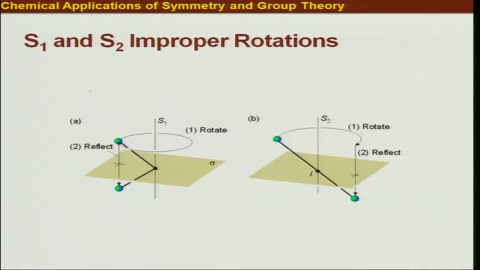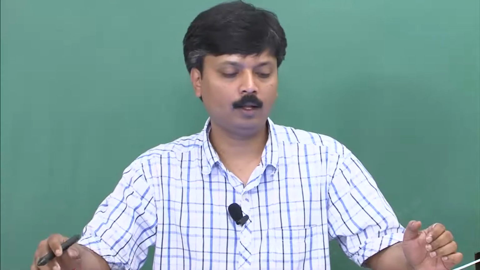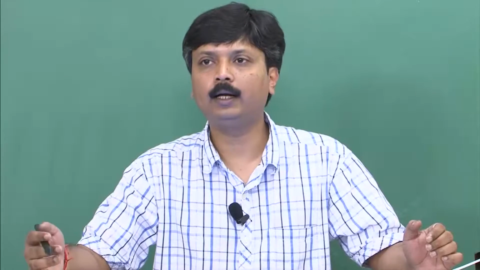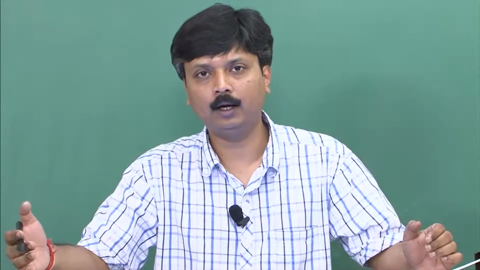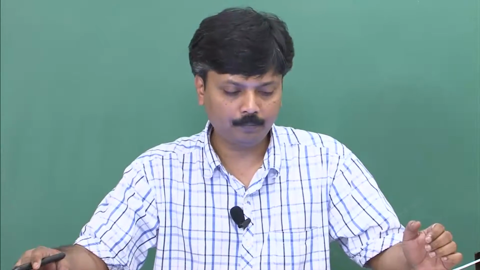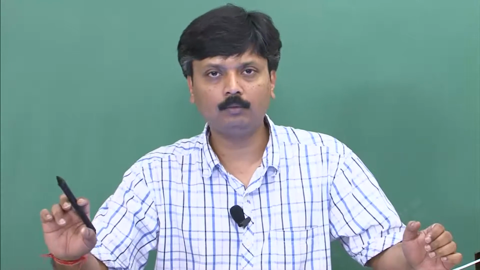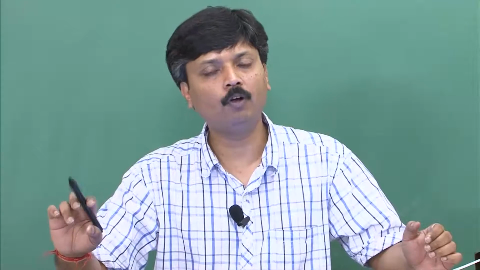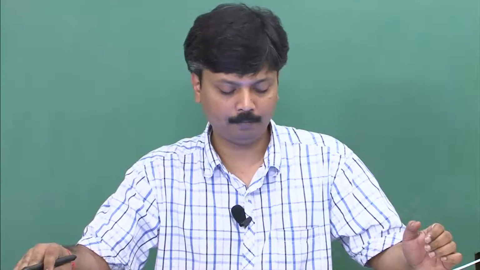It's pretty much similar to what we had in the case of a proper axis of rotation. So S1, where n equals 1, would mean a 360-degree rotation, right? And S2 would mean 180-degree rotation, S3 would mean 120-degree, and so on. And in every case, it is implied that the rotation by that particular angle is followed by a reflection in a perpendicular plane.